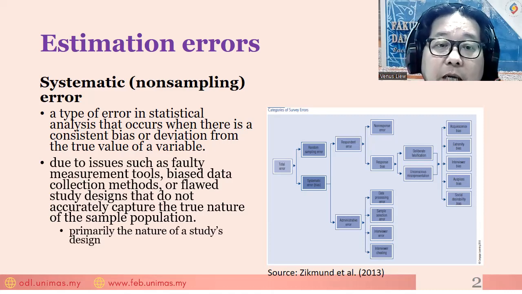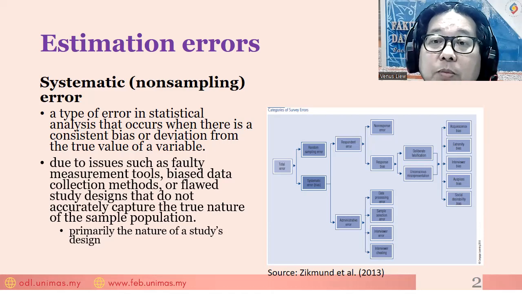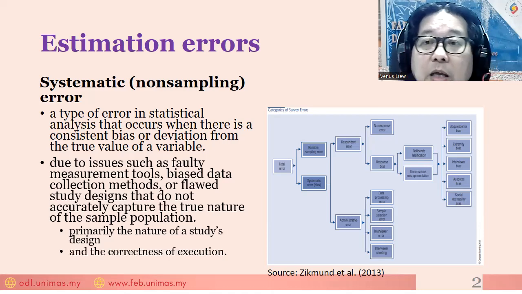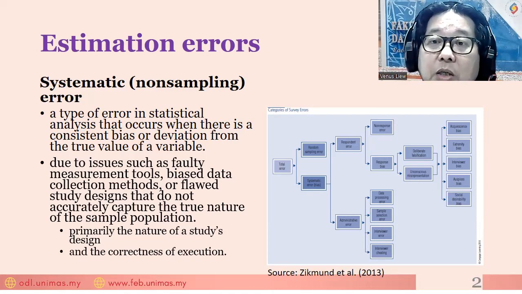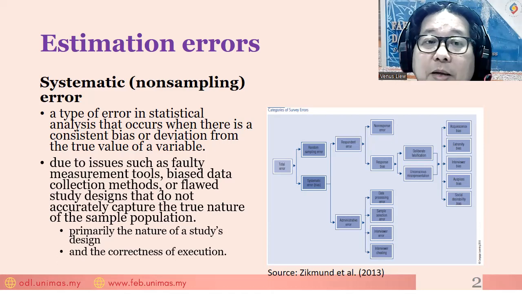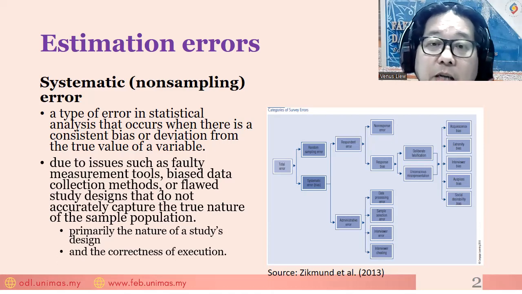So basically, it's due to the nature of the poor design, and even if the design is all right, but the execution is not correct, then it will induce systematic error. So systematic error can be induced from the respondent and also from the administrator.